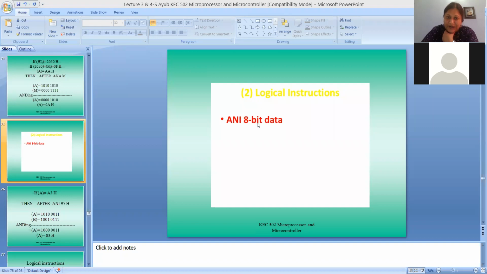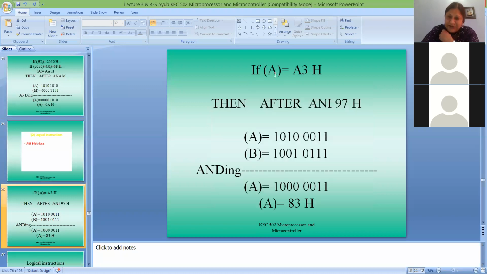ANI 8-bit data. That means this is also a logical instruction. It is also doing ANDing, but I stands for immediate data. So previously here there was R, that is any register, but now here it is direct data. So suppose you have an example like this, if A is A3 and your instruction is ANI 97 hex, that means 97 is immediate data.